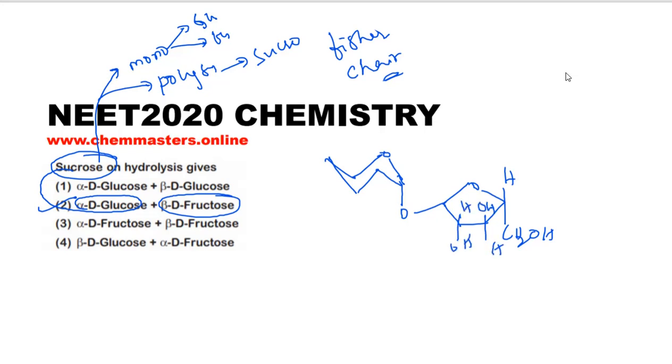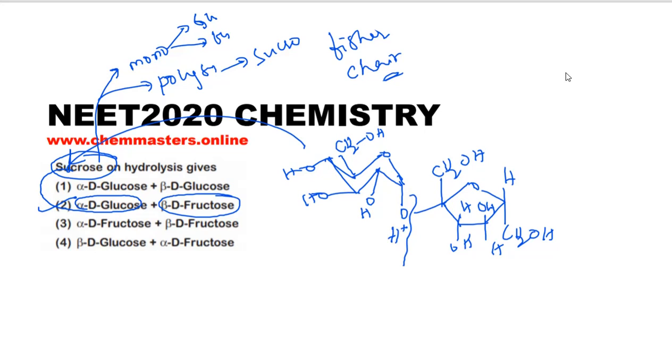So here is the OH. So here CH2OH. Now this is the structure of sucrose. On hydrolysis, sucrose produces glucose and fructose. We know that.